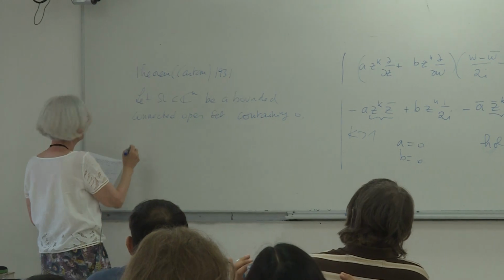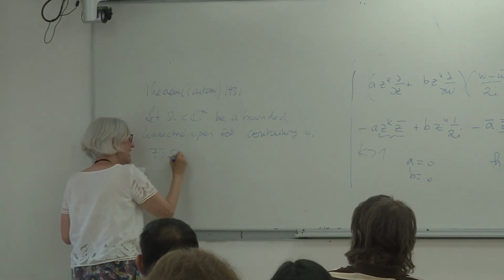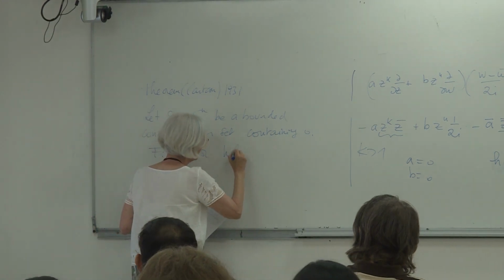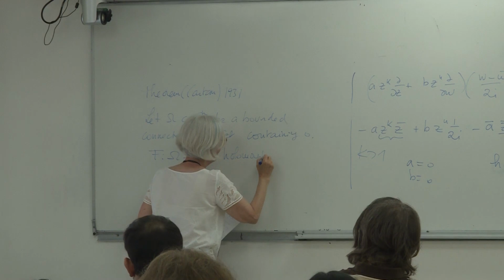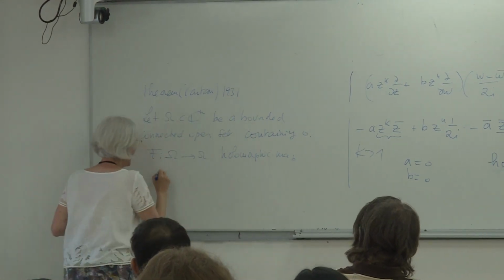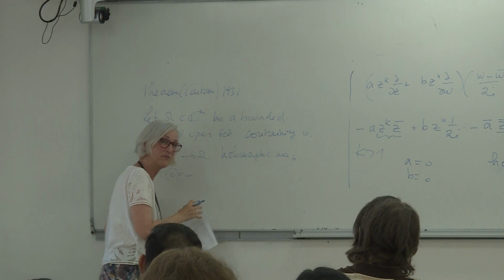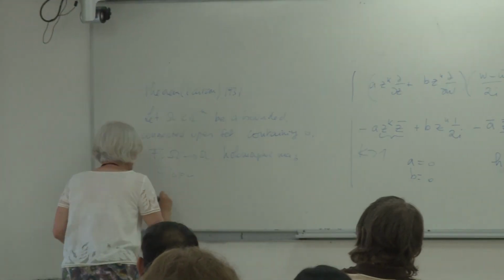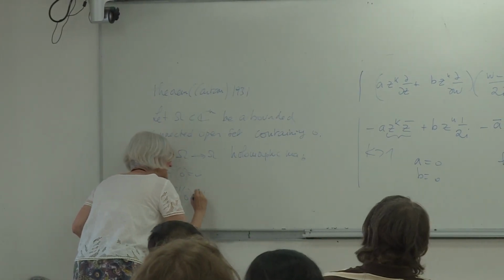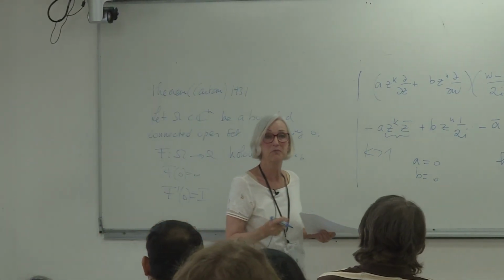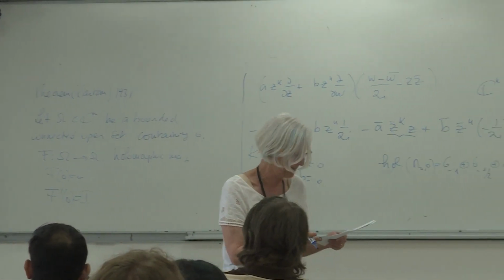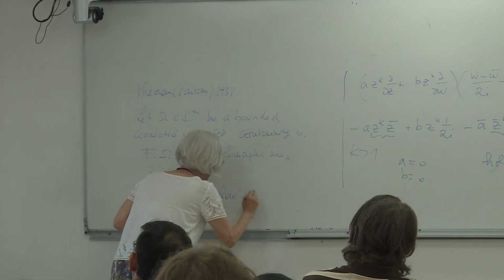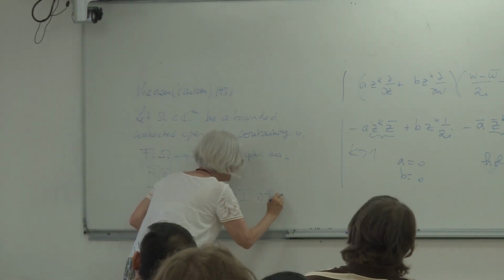And you give yourself a holomorphic map, a self-map, like that, satisfying f of 0 equals 0. We will be in this case tomorrow. And the holomorphic derivative is the identity, which means that there is a biholomorphic map where the differential is the identity. Sure.